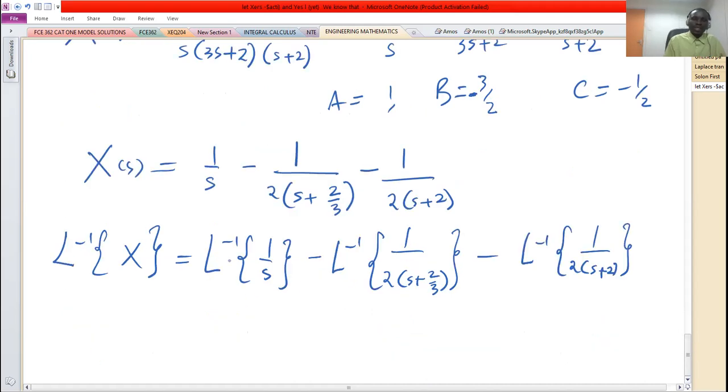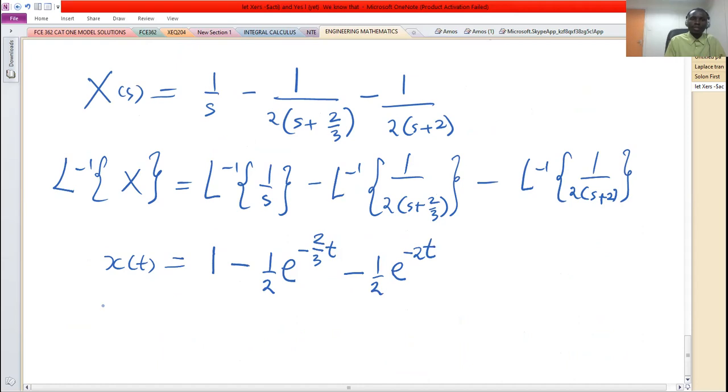These are all standard ones, so just factor out a half and then a half here, then you can always read the values. So x of t will be given by 1 minus a half e raised to the power minus 2 over 3 t, minus a half e raised to the power minus 2t. So therefore, this is the value for x of t.